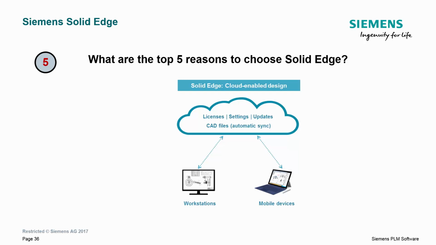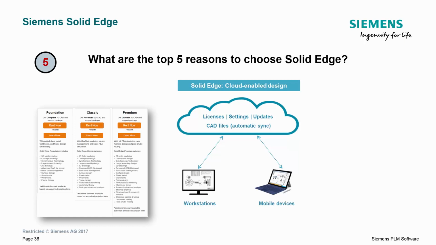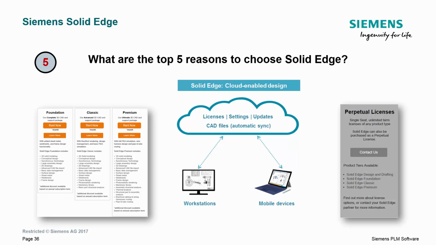Also remember the other licensing available, like subscription-based licensing, where a customer can rent Solid Edge on a low-cost monthly basis, great for startup companies and those who only need access to the software at specific times in their design cycles. And of course, the more traditional perpetual options for Solid Edge ownership.